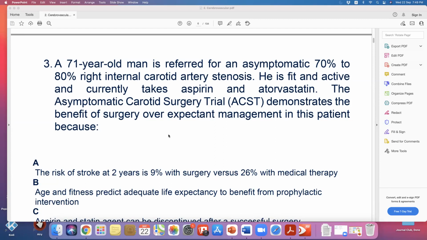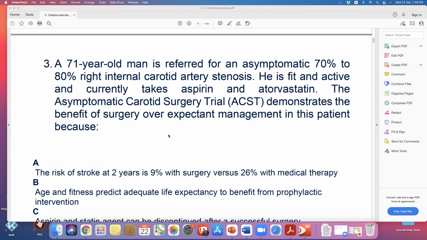The Asymptomatic Carotid Surgery Trial demonstrates the benefit of surgery over expectant management in this patient because he has 70 to 80% right internal carotid stenosis, and is active and fit. So according to the ACST study, the asymptomatic carotid trial from 1995, he will benefit from surgery, right? Yes.